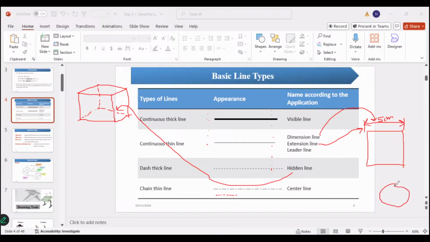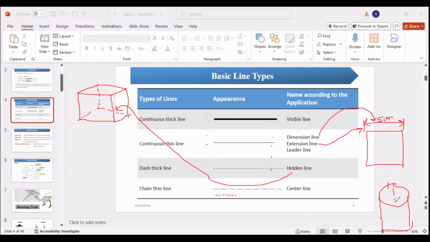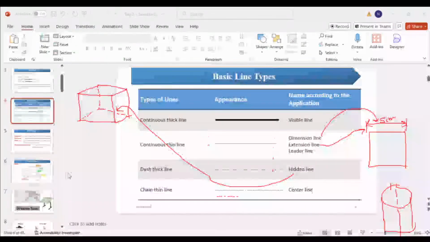If there is something circular, let's say this is a cylinder, then this type of line should be there for the center. Okay. So that is the center line. Okay. So these are the basic line types we use for our drawings. And if you want to note that down, please do that.